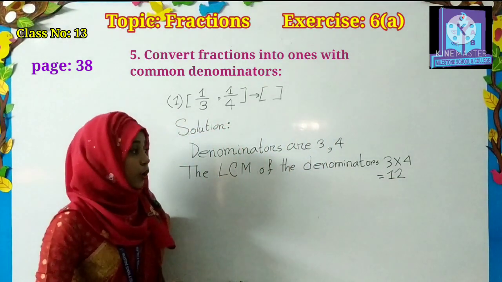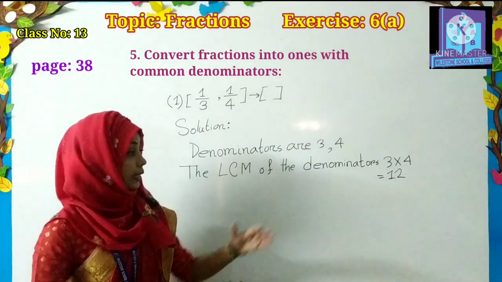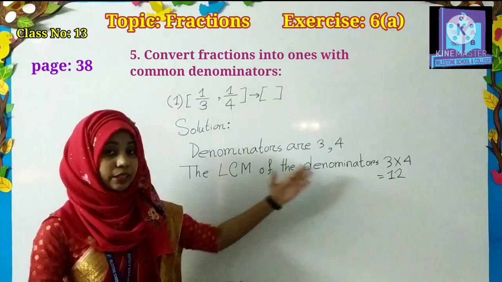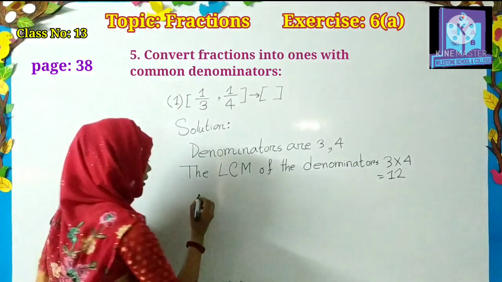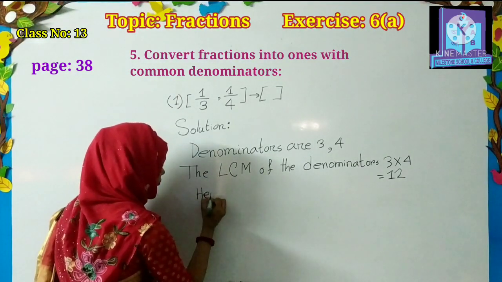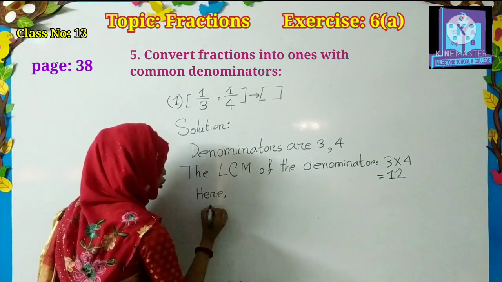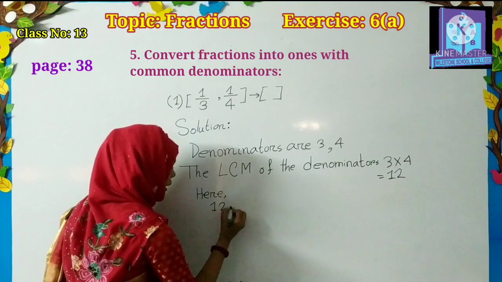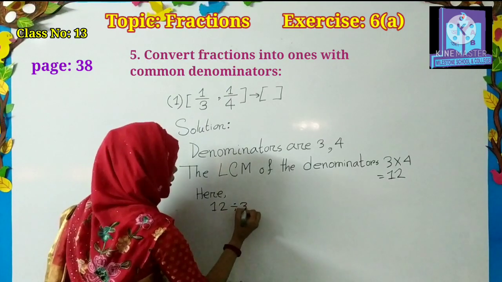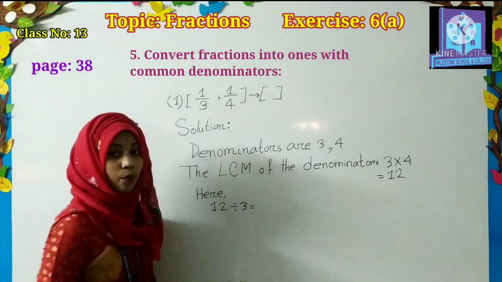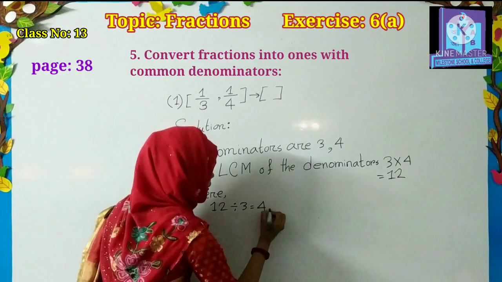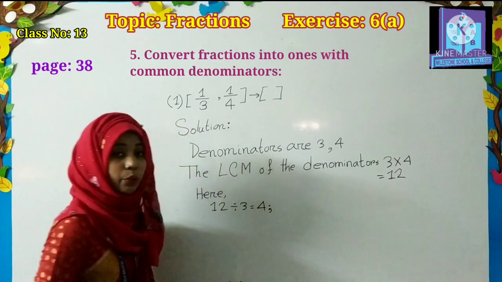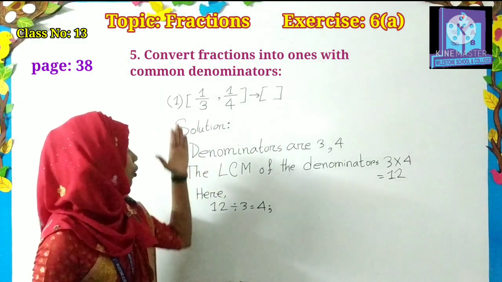Now dear students, we will do division. The LCM 12 divided by first denominator. Here 12 divided by 3. What is the quotient? 4. Now we will multiply 4 by 1 by 3.